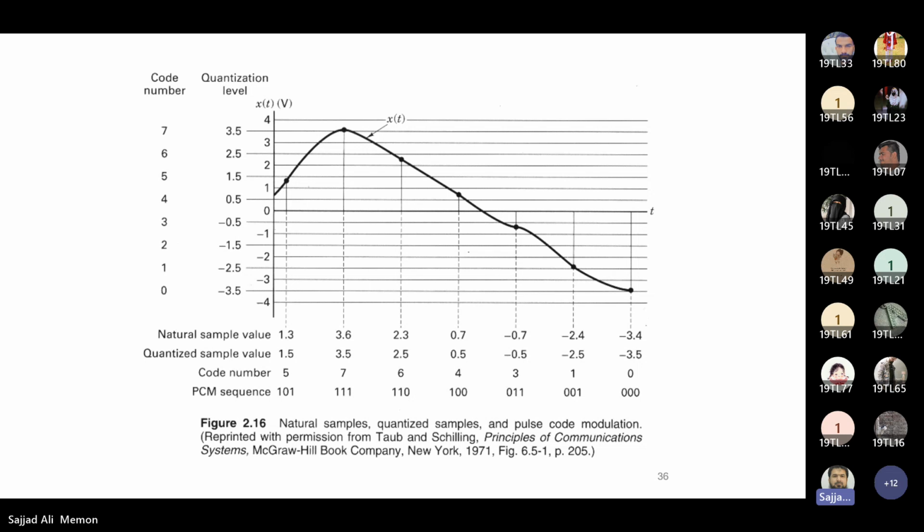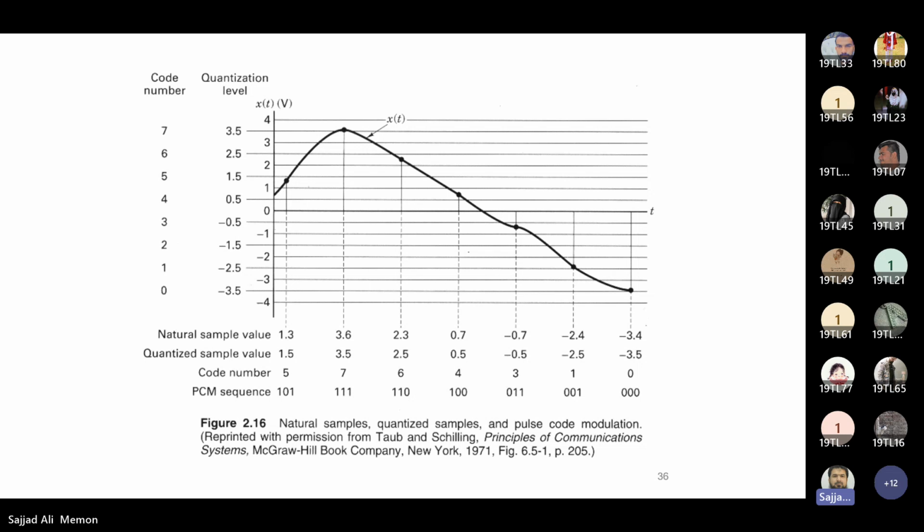Because the actual sample value was not there, we have to forcefully choose 1.5. So as we increase the quantization levels, we can go with 2 power 4, that is 16. Then it will be like 0, 0.25, 0.5, 0.75, then 1, then 1.25, and then 1.5.